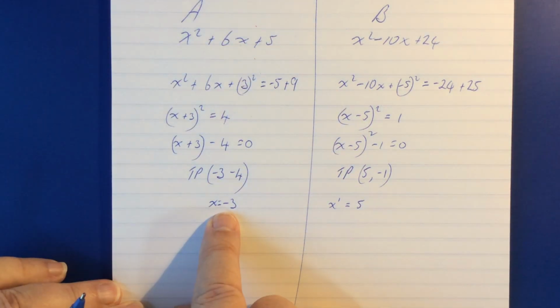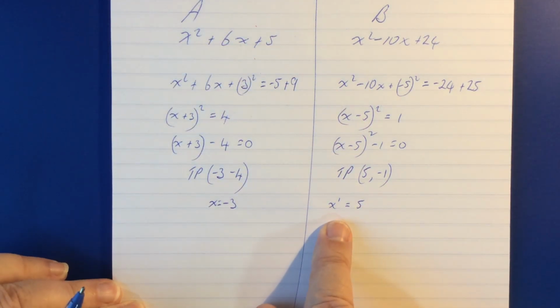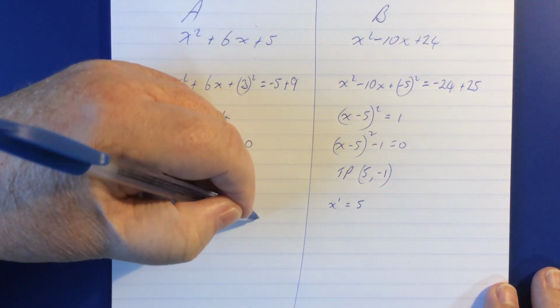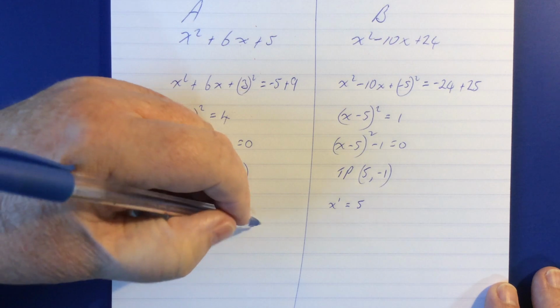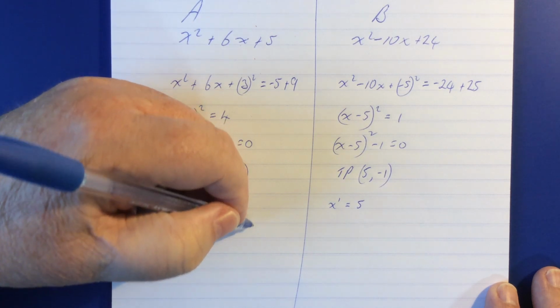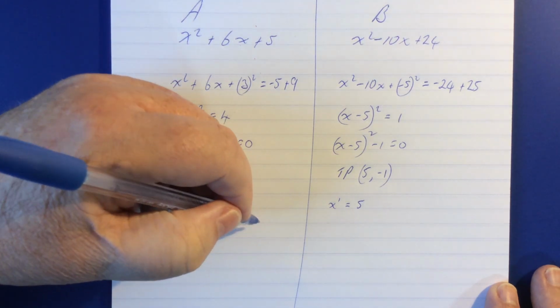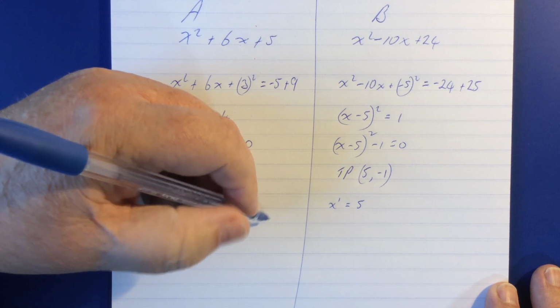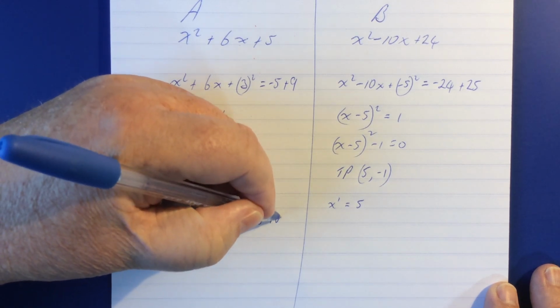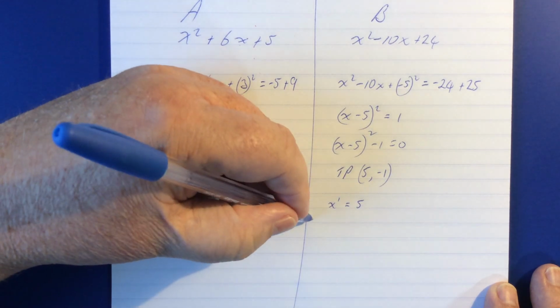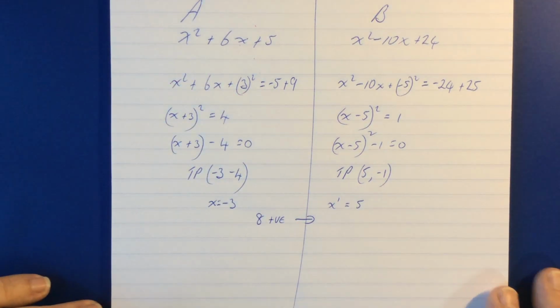Now, how did we get from negative 3 to 5? Well, what we've done is this has moved 8 in the positive direction of the x-axis. So that is 8 positive. It's moved that way.